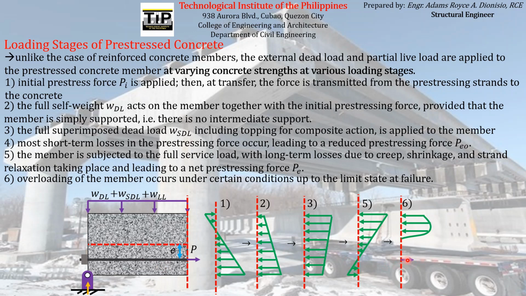They will now resist those tensile stresses that can no longer be resisted by the concrete element because it has already cracked and failed. It has already broken up into two separate segments.